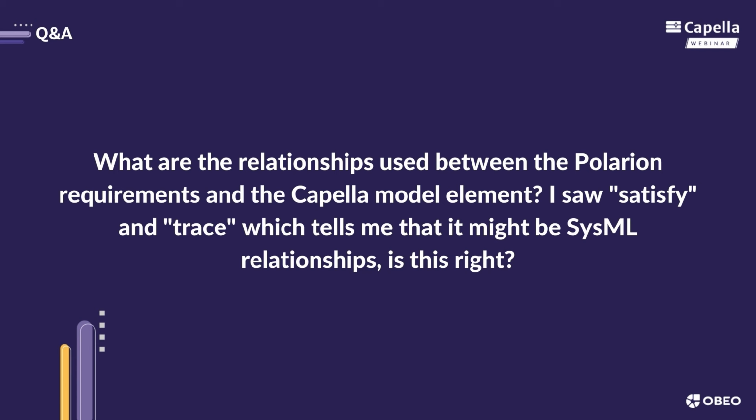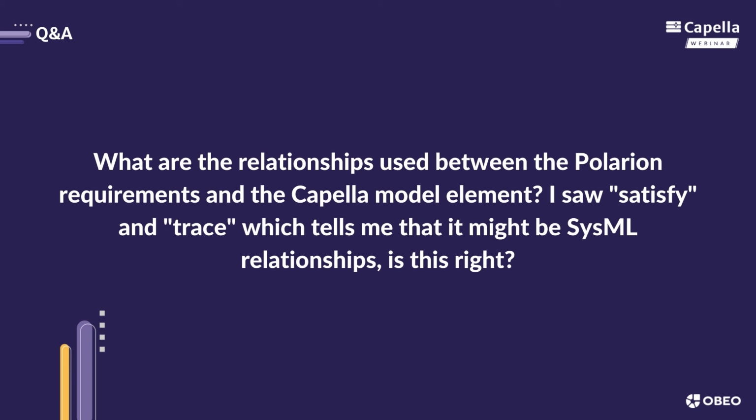Okay, what are the relationships between the Polarion requirements and the Capella model elements? I saw satisfy and trace. Okay, so actually, this is defined by configuration. So satisfy and trace are defined in the OSLC standards, but it's very easy to define your own link types with whatever semantic you want and use these specific link types.